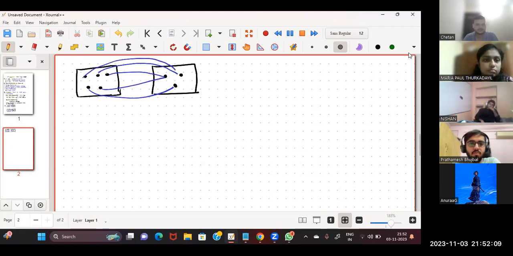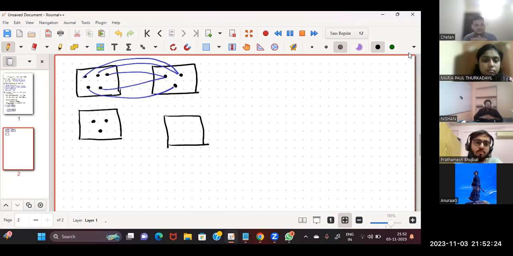Yeah, perfect. Now draw another box with three balls in the first and three balls in the second. Map two of the balls in the first box to one single ball in the second box, and one ball to a unique ball.